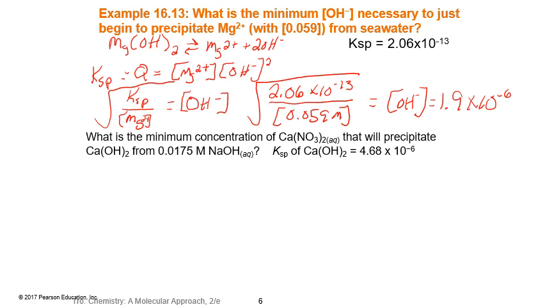Now you try the practice. So we're going to look at the minimum concentration of calcium nitrate that will precipitate calcium hydroxide. We're given the hydroxide concentration. So calcium hydroxide is what we're interested in.